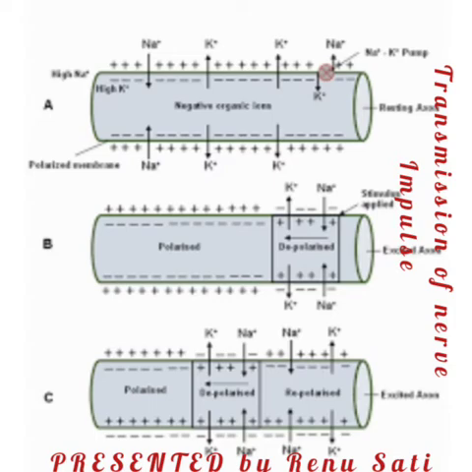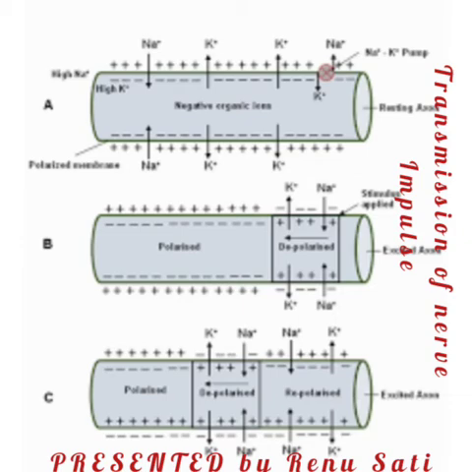These ionic gradients across the resting membrane are maintained by the active transport of ions by the sodium-potassium pump, which transports 3 sodium ions outward for 2 potassium ions into the cell.